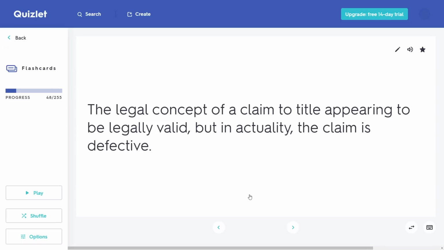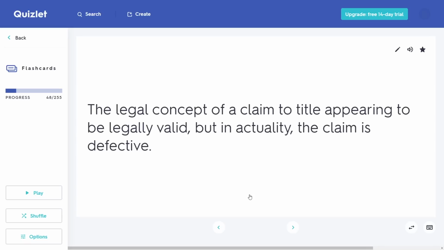A quick example for this one would be, let's say you're selling your house and you had a huge property of 100 acres, and you wanted to sell all 100 acres. You put together this contract, you find a ready, willing buyer, and you establish the contract, it's all good to go.